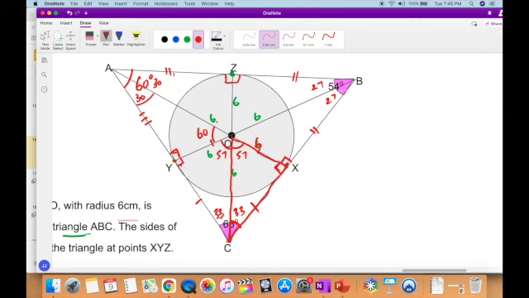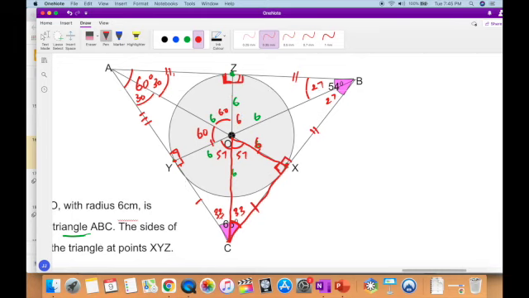And if this is 60, that means this is going to be 60, right? Because this is 30 and this here is 90. So for this triangle here, this will be 60. And if this is 27 and this is 90, then 90 plus 27 is equal to 117. 180 minus 117 is 63.